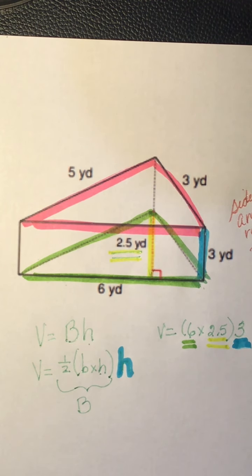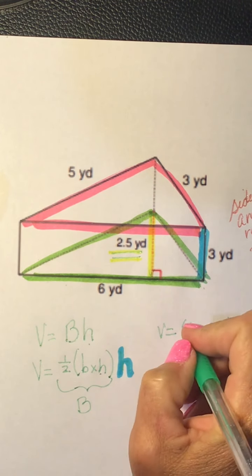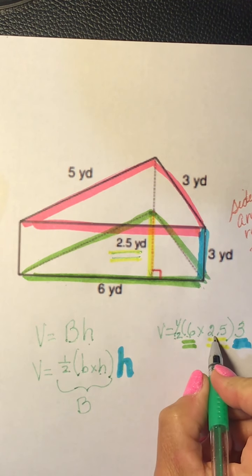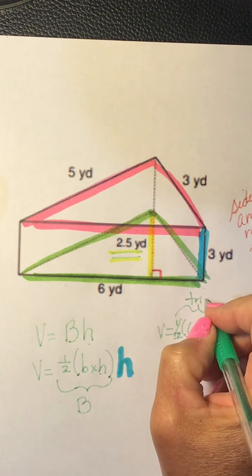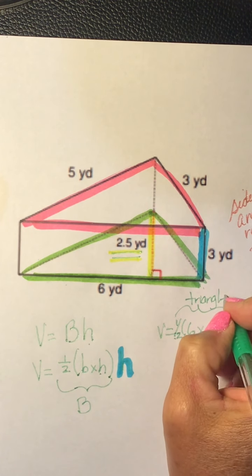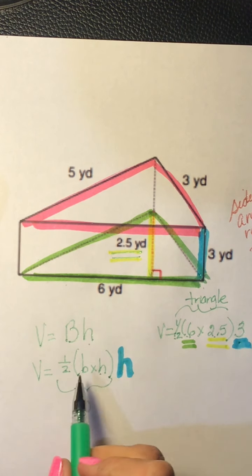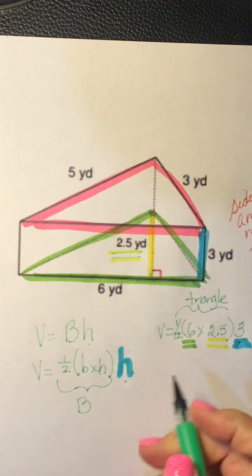And what did I forget? I forgot 1/2 of this. 1/2 base times height. This part gives me the triangle. And the 3 is the height. So it's 1/2 base times height times the height to the triangle.